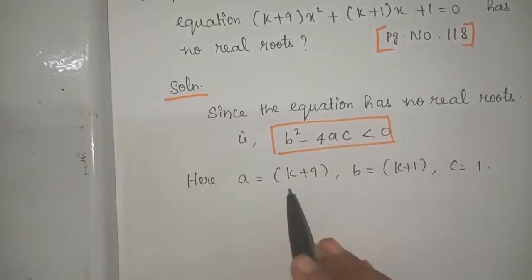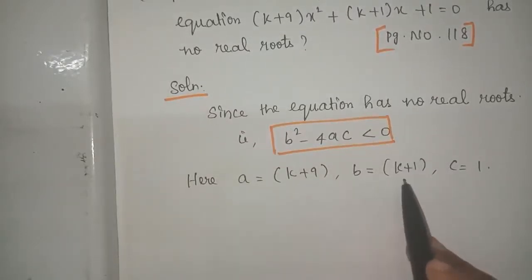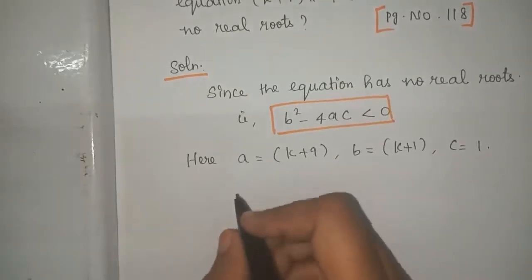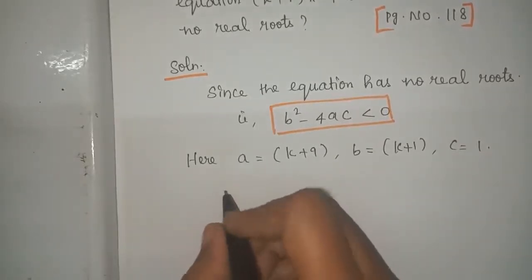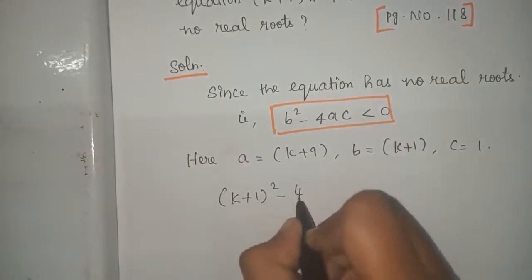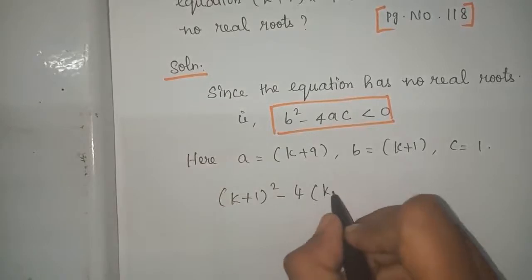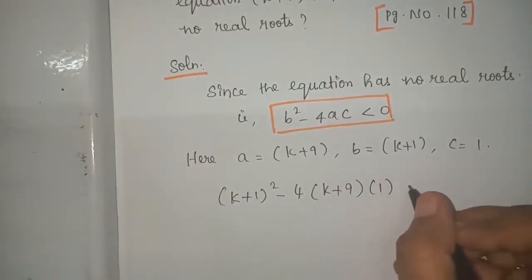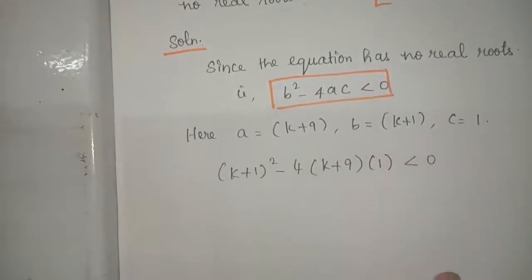Here a is equal to k + 9, b is equal to k + 1, c is equal to 1. So b² − 4ac = (k + 1)² − 4(k + 9)(1), which is less than 0.